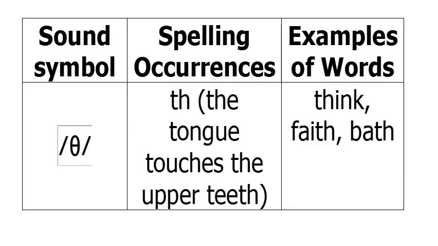This sound is pronounced th. So we take the tip of the tongue to touch the upper teeth. It comes from letter TH. So we have some examples such as think, faith, bath.